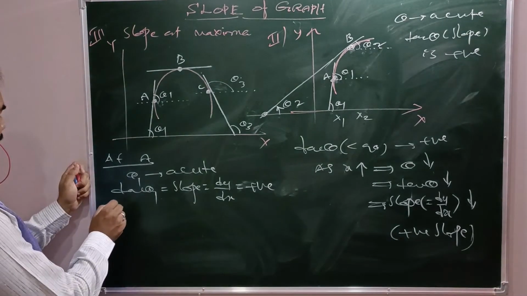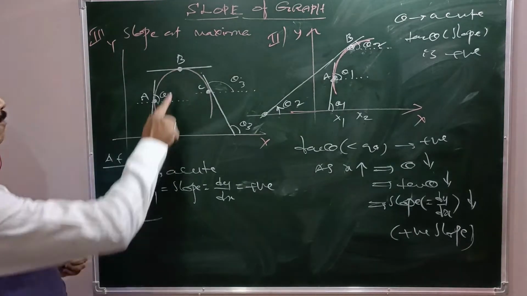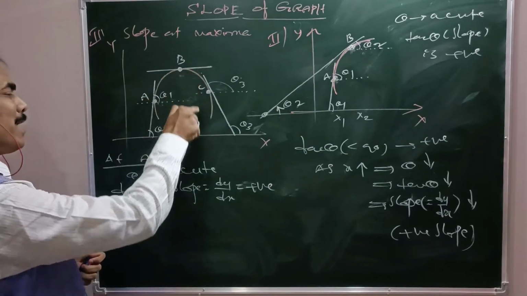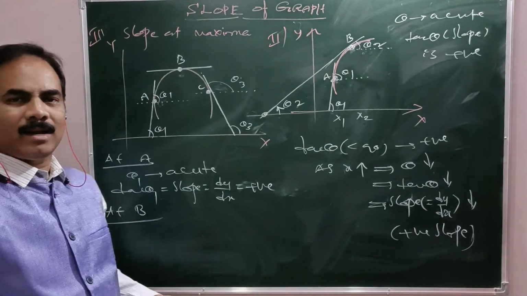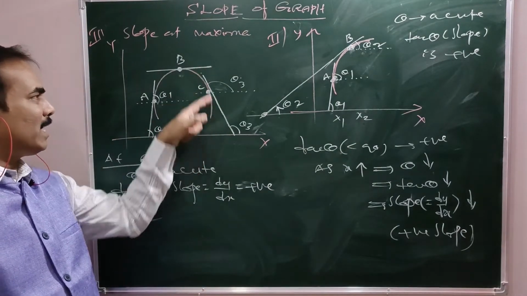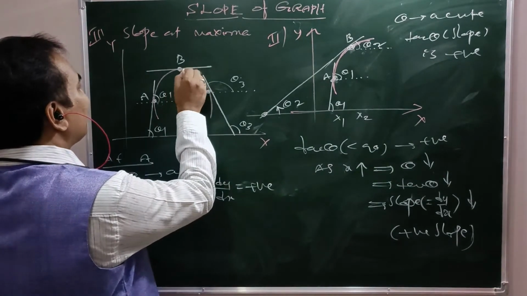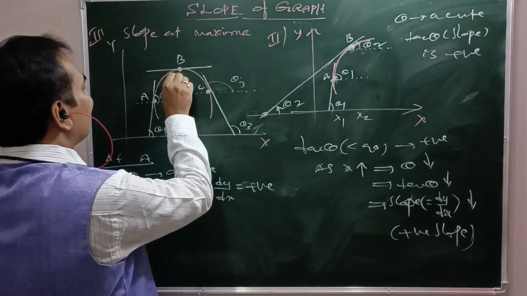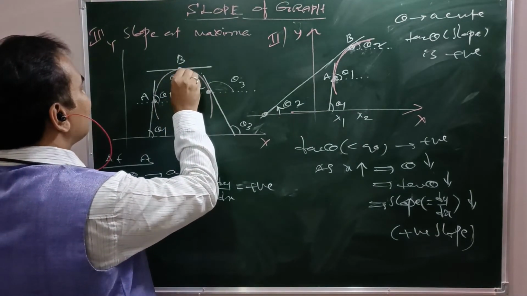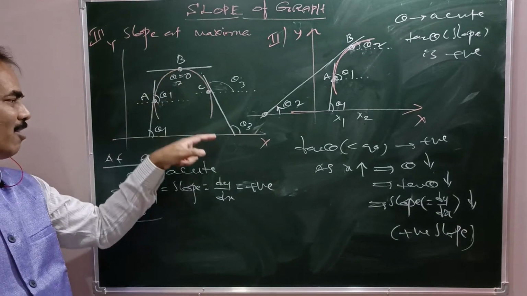Right? At point B, if I draw one tangent to the curve, it becomes parallel to the x-axis. What is the angle made by this tangent with the x-axis? As these two are parallel to each other, so here theta 2 is 0 degrees. The tangent drawn at B is parallel to the x-axis.